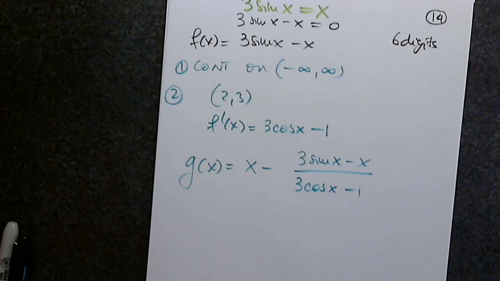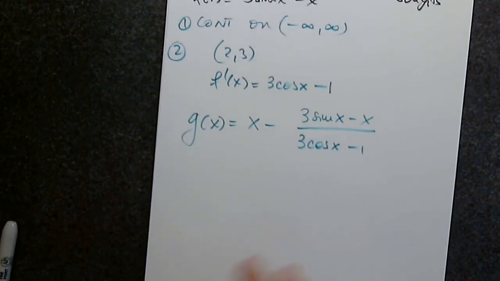Okay, 2 it is. So y1 evaluated at 2 is negative 1.6173. Something is potentially wrong. We'll see in a minute.